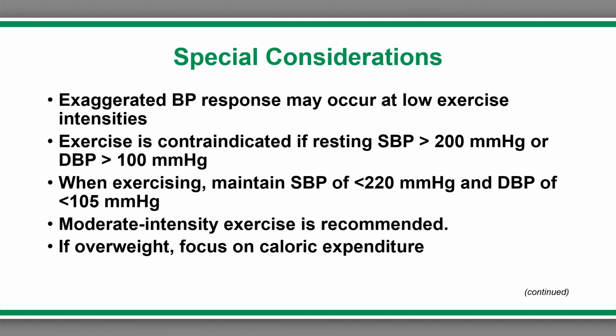The last couple slides are just the special considerations where you have things that I've already mentioned. One thing on this particular slide, if somebody also is overweight, the caloric expenditure should be the big focus, because when you lose weight, that hypertension, systolic pressures will typically be improved.